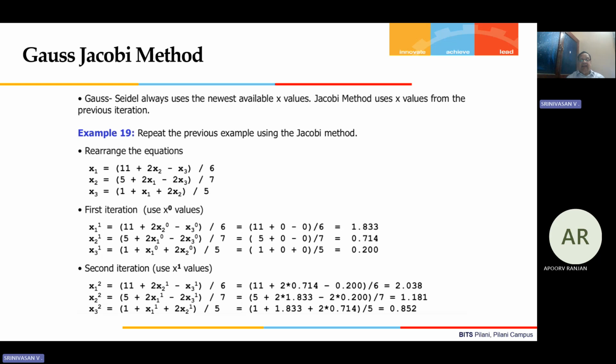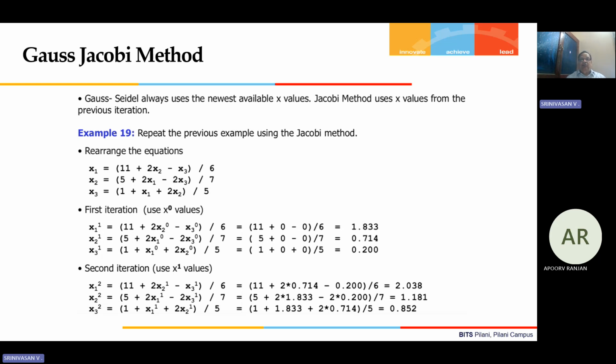That's all. Second iteration, use x superscript 1 values. Now you need to supply the values of x1, x2, x3 that you obtained during the first iteration, namely 1.833, 0.714, 0.200, in all your calculations for x1, x2, x3 during the second iteration.